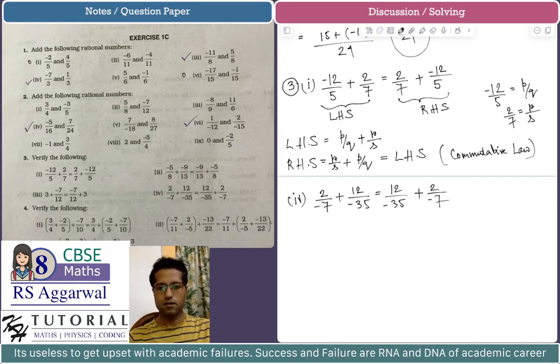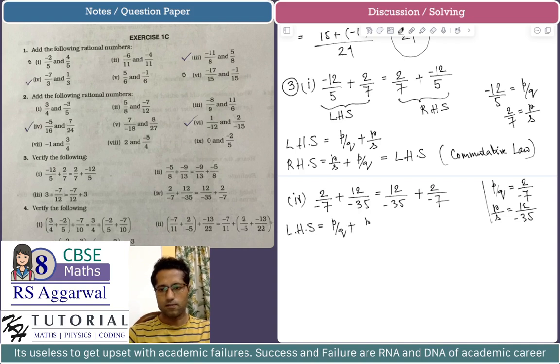So I am directly saying the commutative law, because if you consider P by Q as 2 by minus 7 and R by S as 12 by minus 35, we can clearly see that LHS is equal to P by Q plus R by S. RHS is equal to R by S plus P by Q, which is equal to P by Q plus R by S. Why?